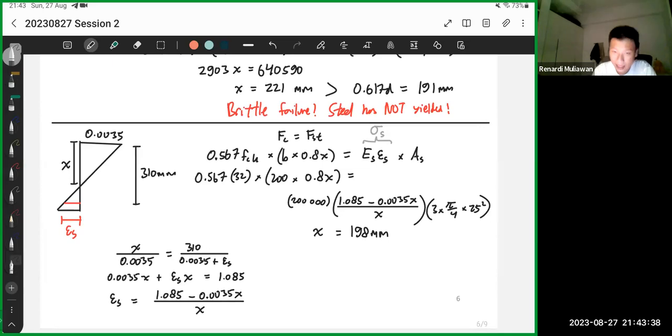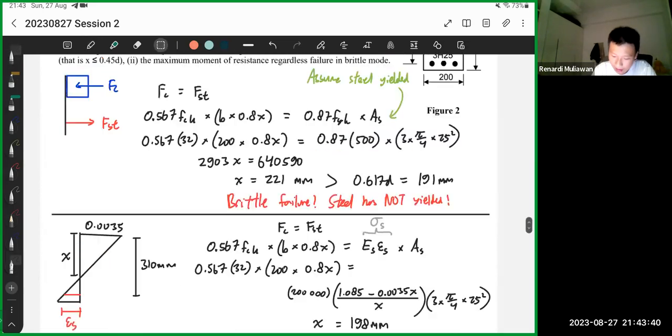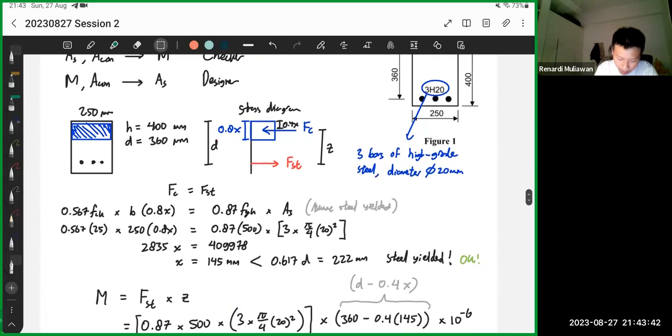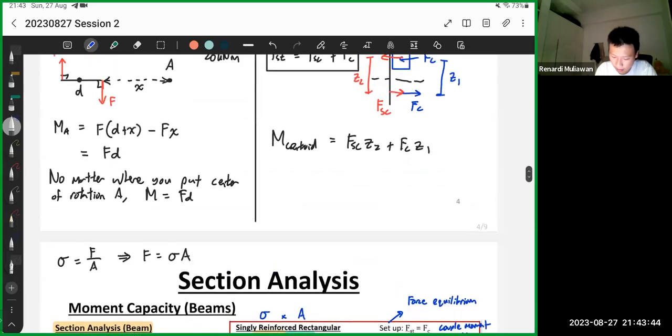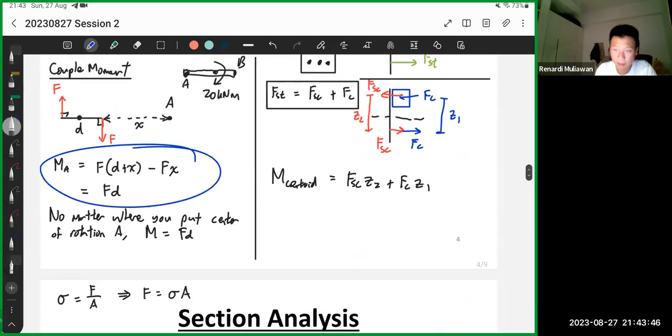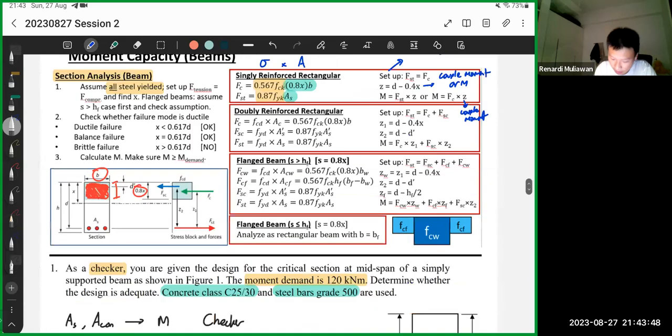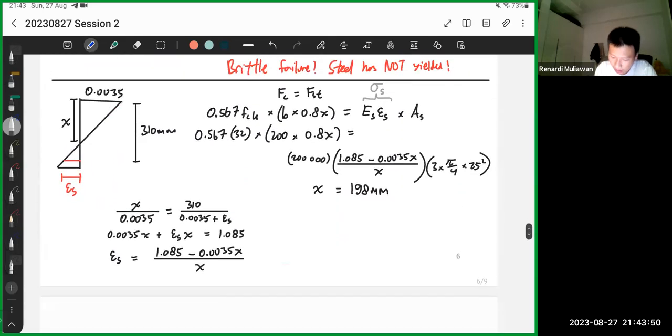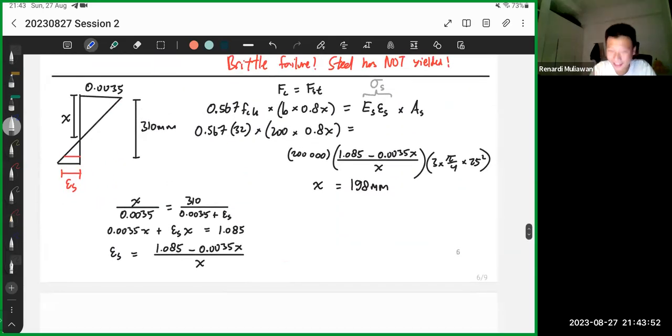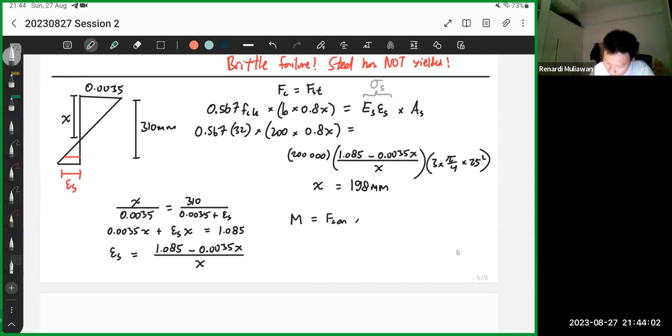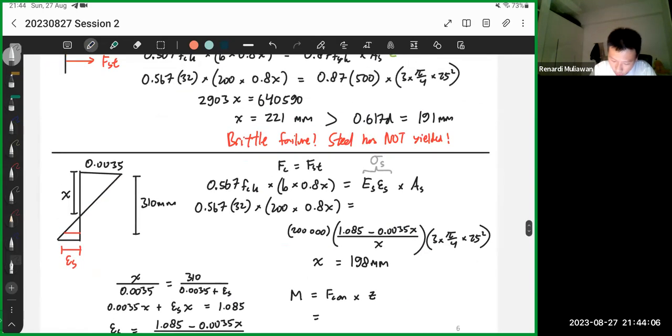After you have x, you can do the next part, which is the couple moment. For this one, of course, we don't want to use steel. It's a bit scary and very complicated. So let's just use the concrete. The moment is the force of concrete multiplied by Z. The force of concrete is 2903x.